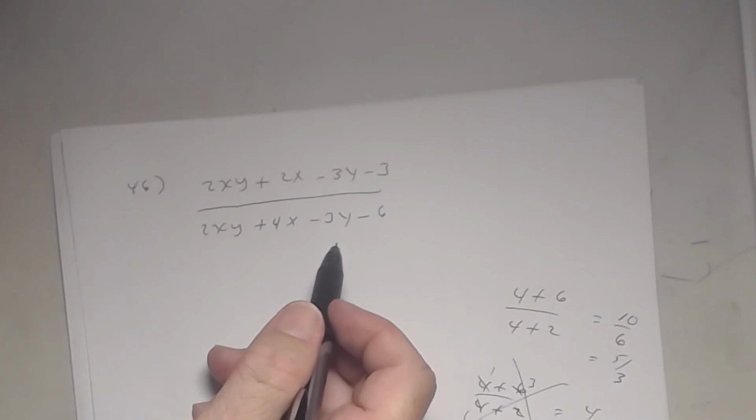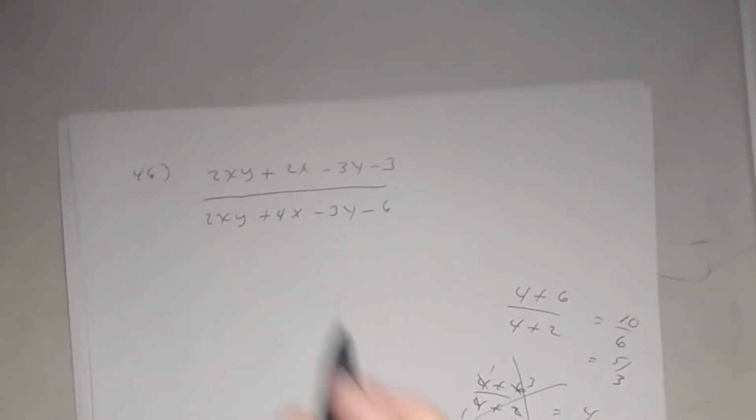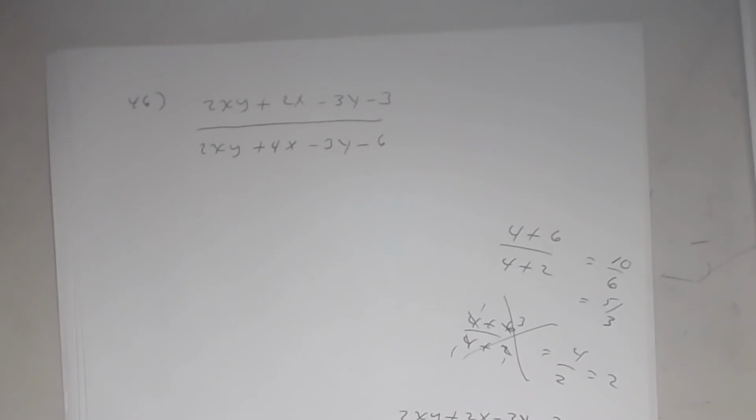Okay, so how would you factor the numerator? You do the grouping. So let me go ahead and do the work down here. Group the first two, group the last two. What can I factor from the first group? 2x times y plus 1. What can I factor out of the second group?